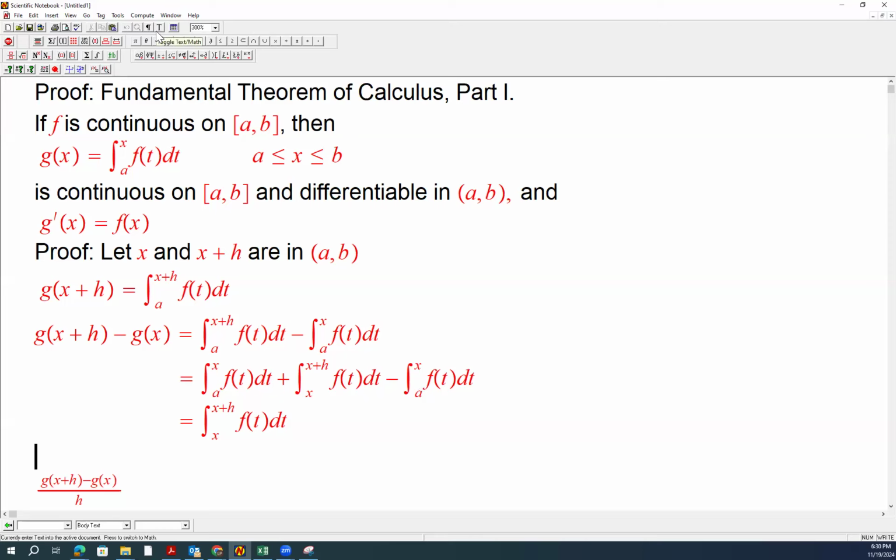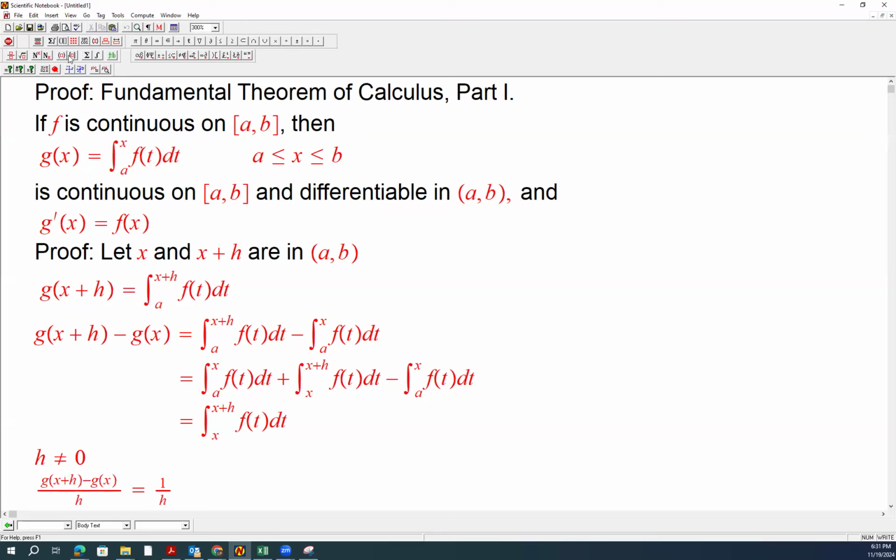This is easily done because when we consider a limit, h approaches 0 but doesn't have to be 0, especially since we're going to divide by h. So we will have 1 over h multiplied by this integral.